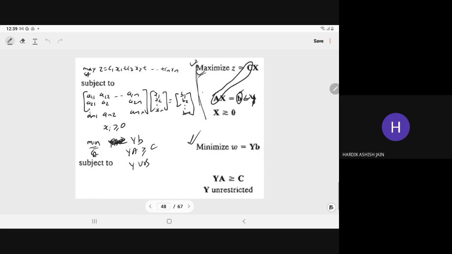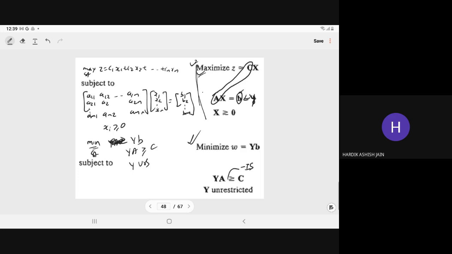So here we have the dual. If you write this dual in the standard form, what you have to do? Subtract the surplus variable, minus IS. If we have m constraints, so S1, S2, Sm.